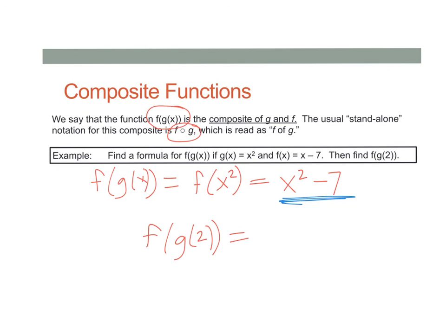It's up to you. That's probably easier once you have the equation. So 2 squared minus 7 is negative 3. F of g of 2 is negative 3. Alternatively, I could have plugged it in here, gotten 4, then done 4 minus 7, which is also negative 3. You can see how they'd be the same thing. So that is a composite function.